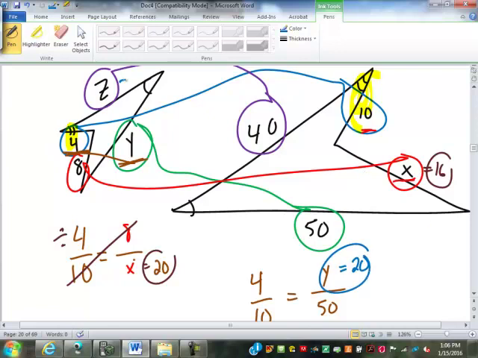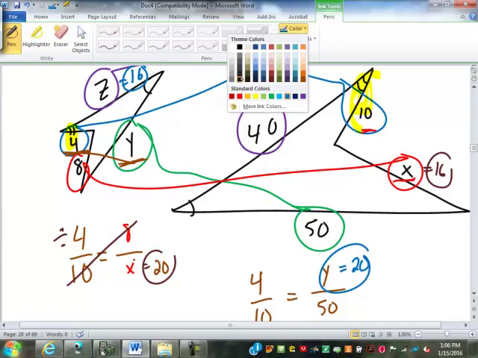Z is going to become 16. Very good. Any questions on those?